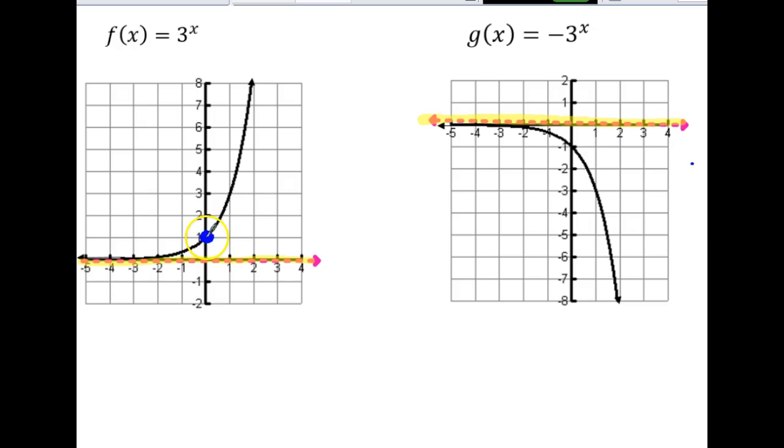From that key point, you go 1 to the right and you count this distance to the asymptote, to the first pretty point. That distance there is where you get the base of 3. If it's been reflected, there's the key point, and you are counting in the negative direction. That's why it's a negative 3 instead of a positive 3.